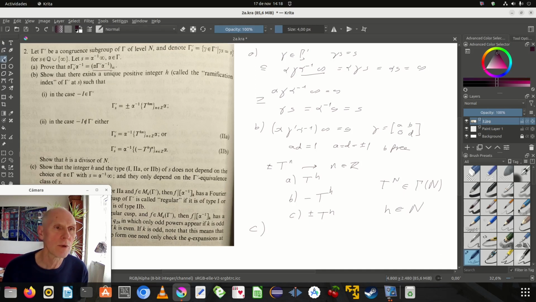Well, let's write up the formulas. If we have alpha to minus first of infinity equals beta to minus first of infinity, so we have chosen another guy, that means that beta alpha to minus first maps infinity to infinity.